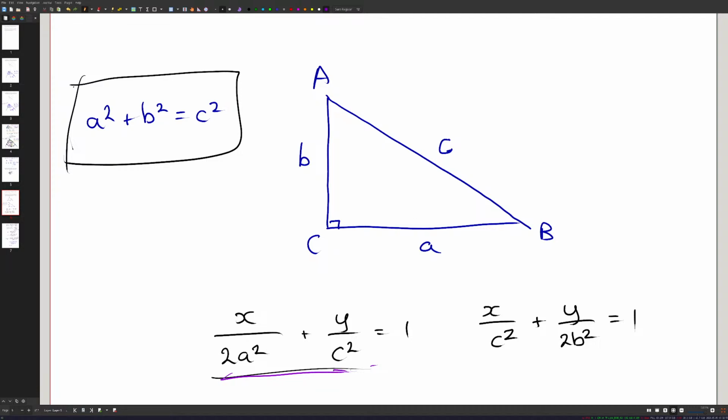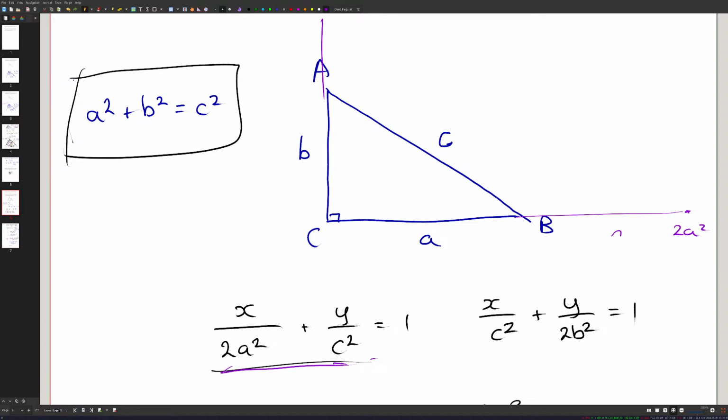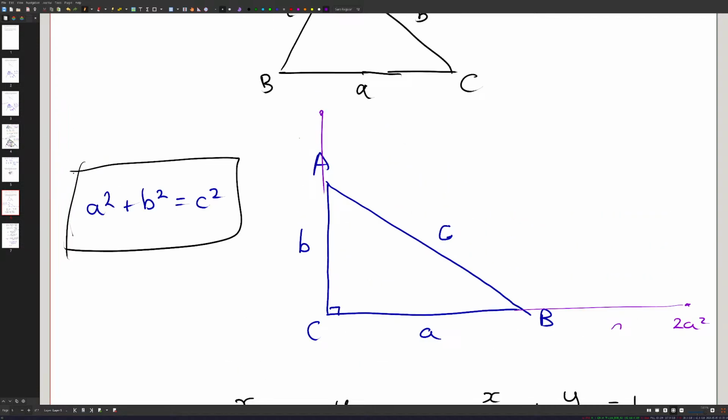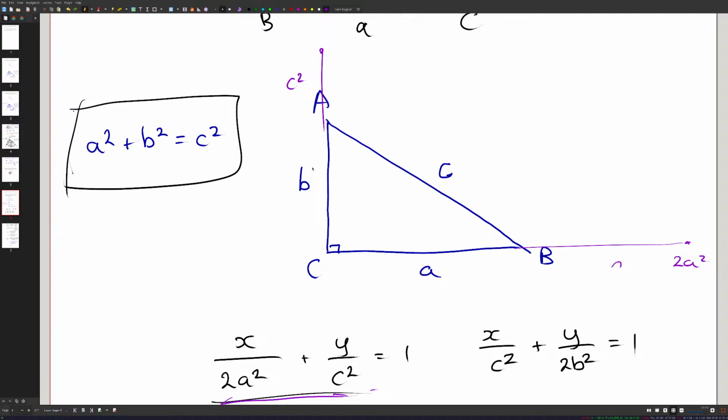So this is the line where the x-intercept is at 2a squared. But 2a squared is a random point way out here, and c squared is a random point way up here. So I don't get what the significance of these lines are. Why is this line interesting?